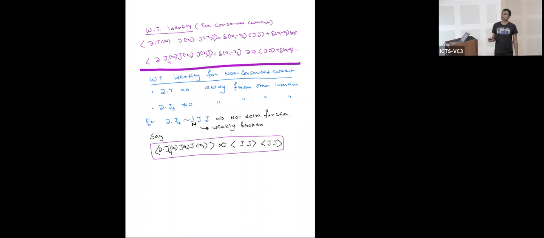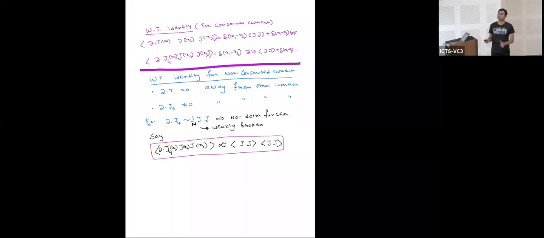So del dot T is 0 away from other insertions. That is the meaning of conserved currents. Whereas weakly broken or non-conserved current means del dot J is non-zero even away from other insertions. For example, the spin 4 current will be non-conserved and it will have spin 1 double trace operators appearing on the right hand side, but there is no delta function here.